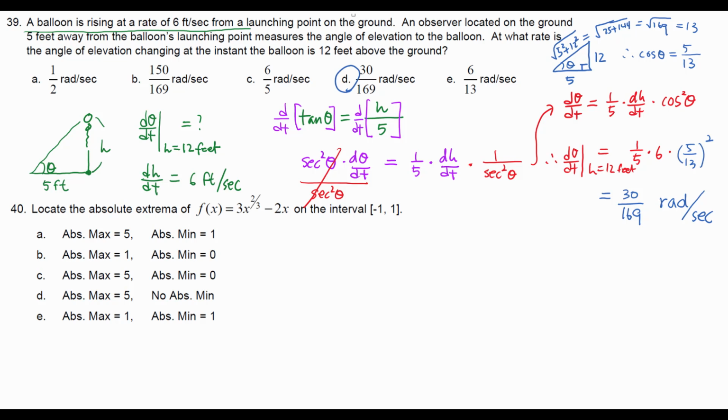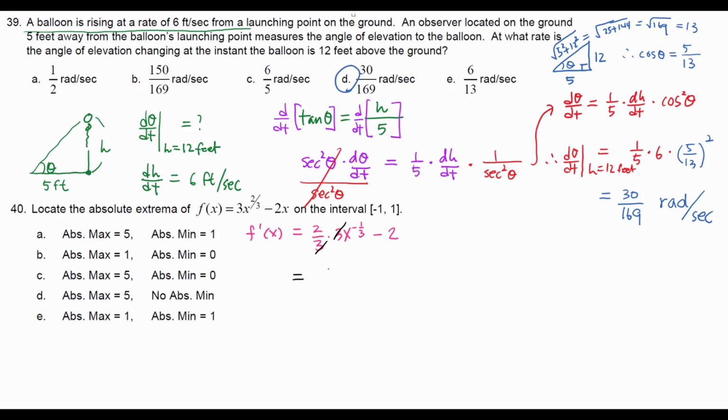Okay, let's do it. So first, we need to find the critical numbers. So f prime of x equals 2/3 times 3x to the -1/3 power, minus the derivative of 2x, which is 2. Then the 3's get canceled.